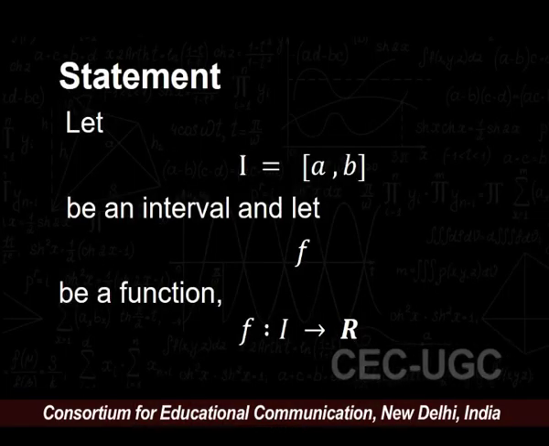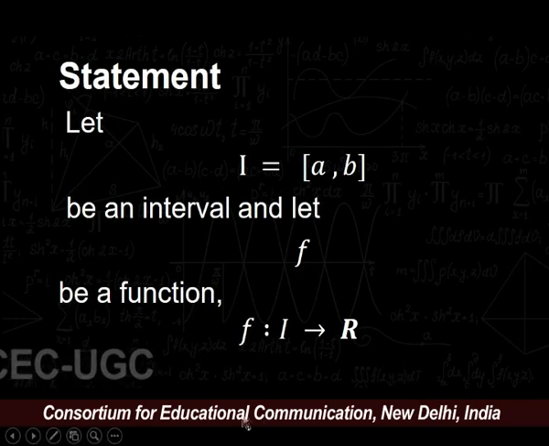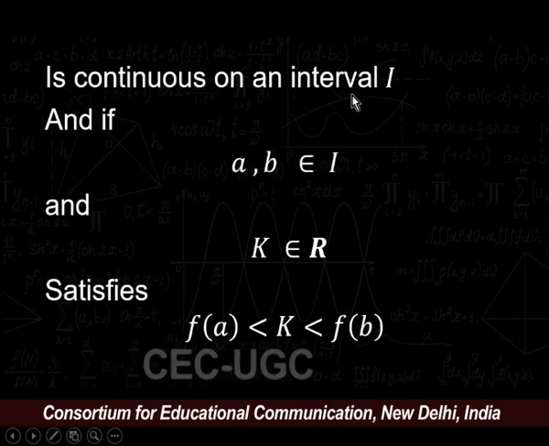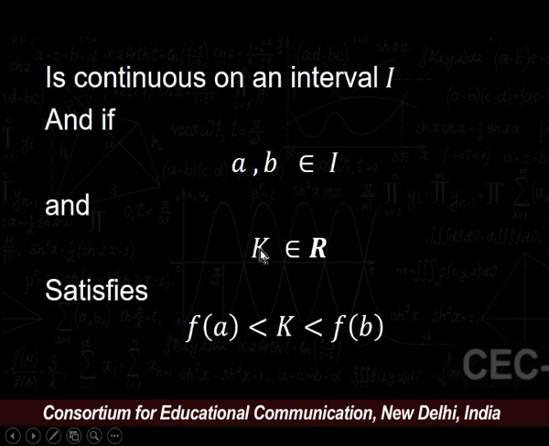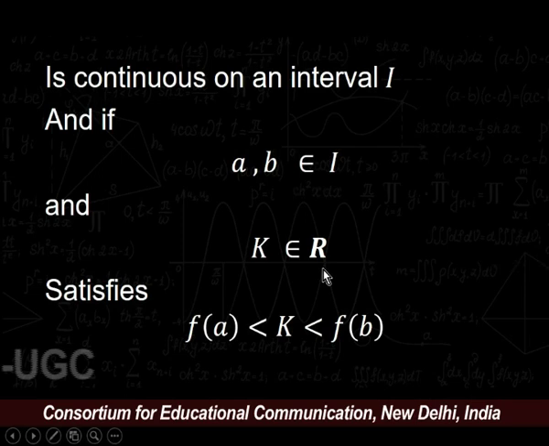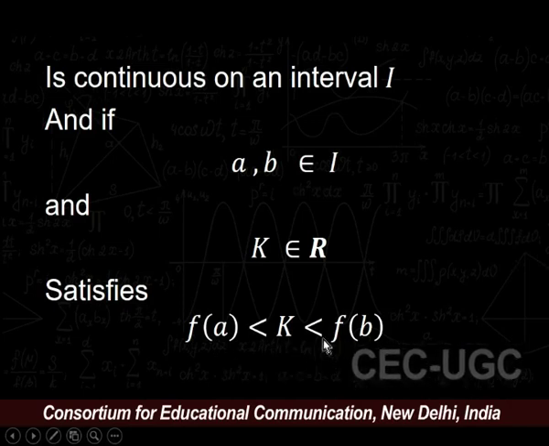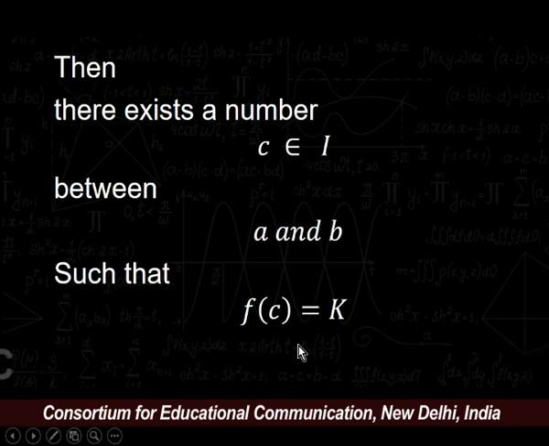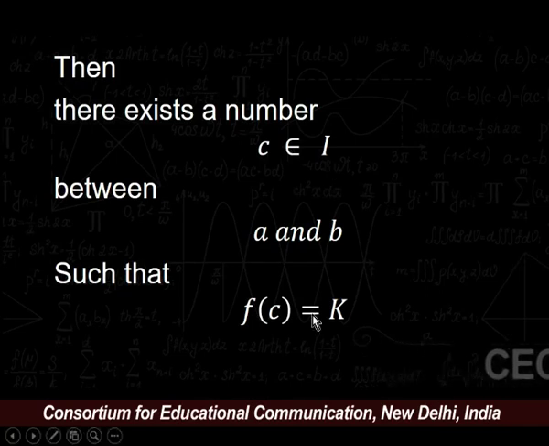The statement is: we have an interval I of the form closed interval a comma b and a function f defined from I to R, which is continuous on the interval I. If a and b belong to the interval I, and for any real number k satisfying f of a is less than k and f of b is greater than k, then there exists a number c belonging to the interval I between a and b such that f of c must be equal to k.